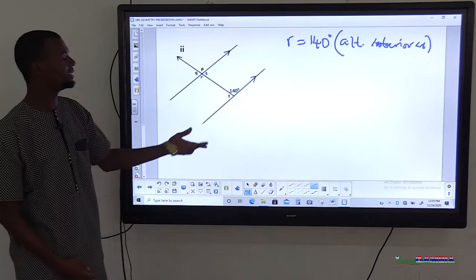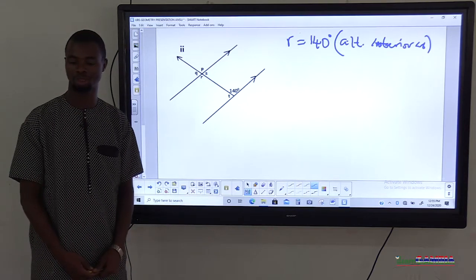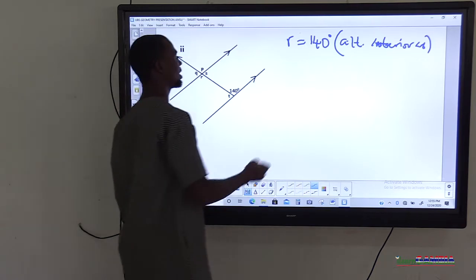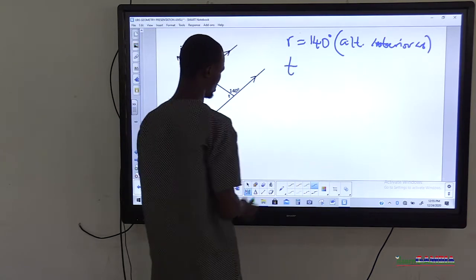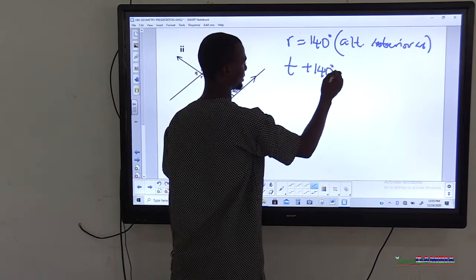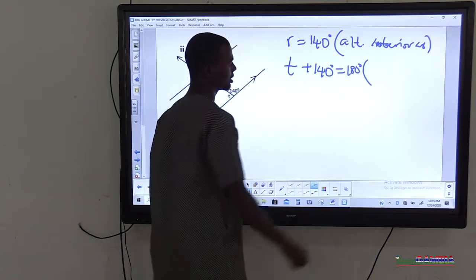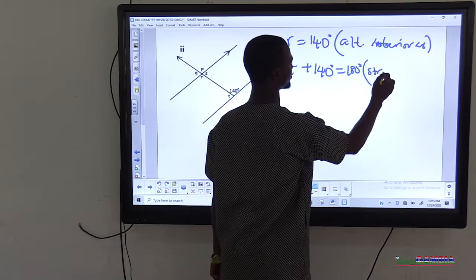We can find T. T and 140 are straight angles. So we'll say T plus 140 degrees is equal to 180 degrees. The reason, straight angles.